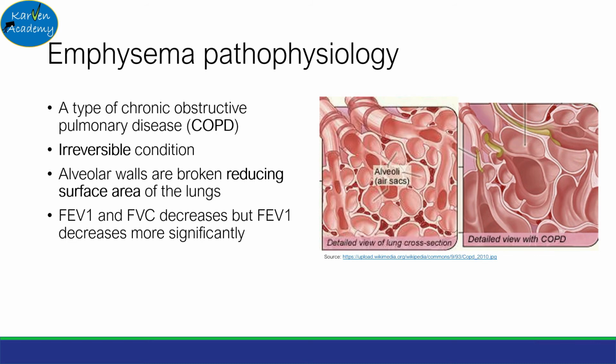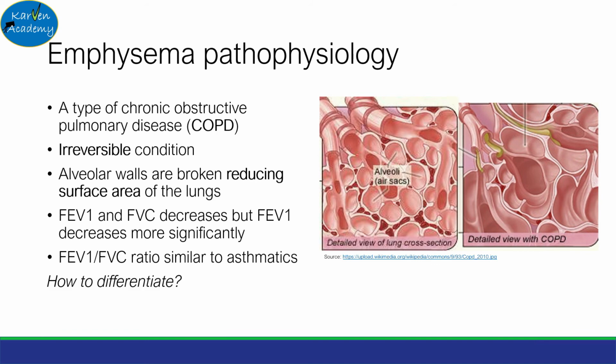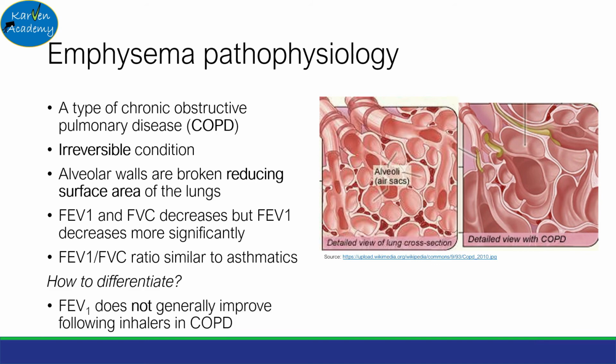Hence, the FEV1 to FVC ratio you obtain for emphysema is similar to asthmatics. So how can you differentiate between asthma and emphysema? Well, since asthmatics respond to inhalers, their FEV1 improves, while in COPD this generally doesn't happen. But there is a caveat to this which you do not need to know for A-level.